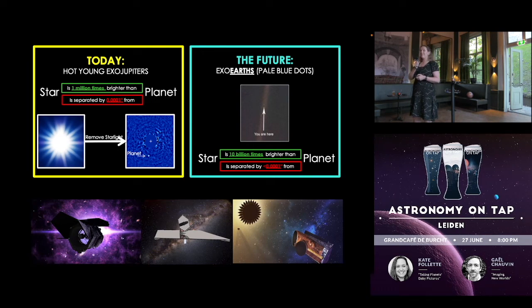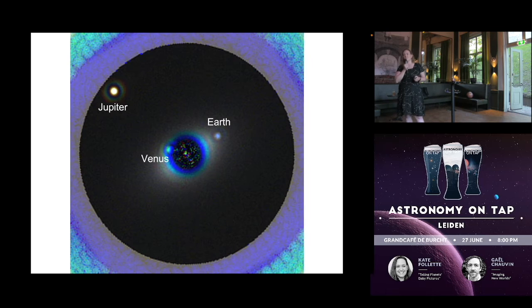So I hope in my lifetime we will take an image like this. This is a simulation of what one of those telescopes might see if there was basically a solar system analog around a very nearby star.